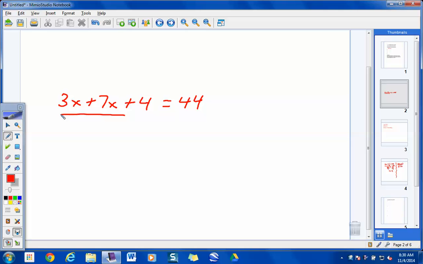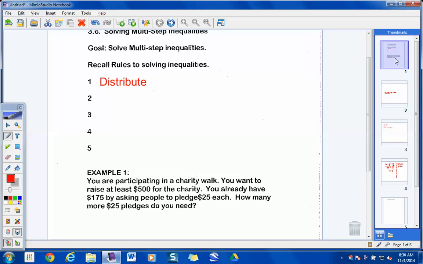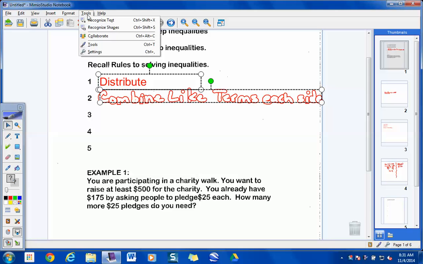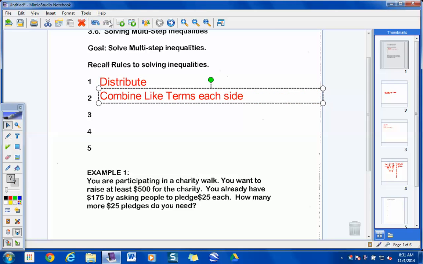So the second rule I want you to write down, just to remember all this, is to combine like terms on each side. It's possible you might have to do it to the left or the right, or maybe the left and the right. So combine like terms to either the left side or the right side. And we'll look at some problems that involve all of this.